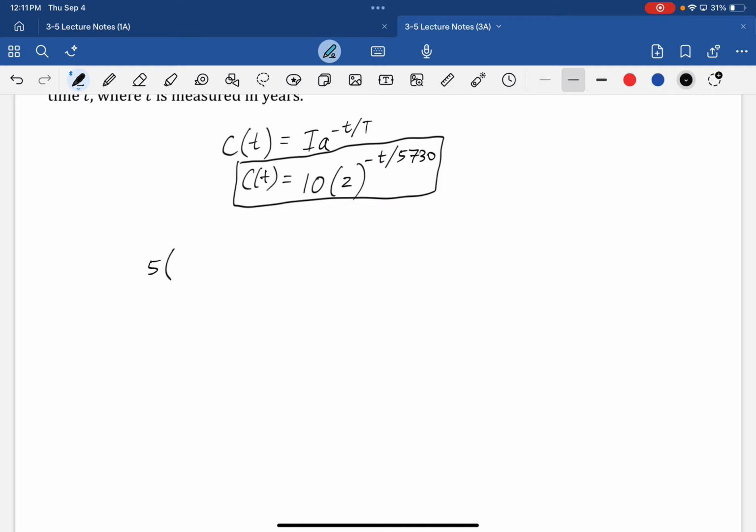It's growth because even though our exponential factor is less than 1, our exponent is negative, which means that this can be rewritten as 5 times 3 to the t over 18, which we can all agree is growth, right? So something to be cautious about, just because the exponent is negative doesn't mean that your function is automatically decay. You have to also check whether the exponential factor is greater than 1 or less than 1 and determine based on that.